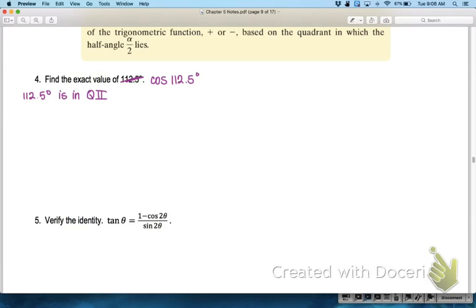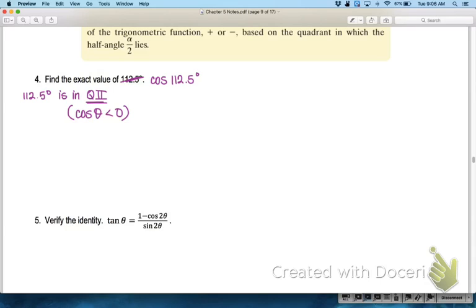In quadrant 2, is the cosine positive or negative? The cosine of theta is less than 0 in quadrant 2. So it is negative. That means we're going to choose the negative square root when we use our formula.